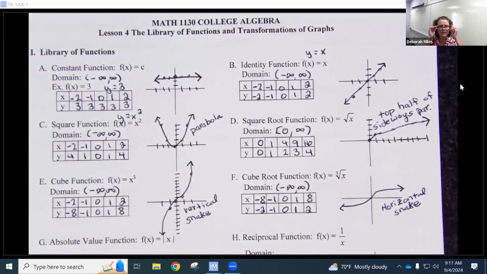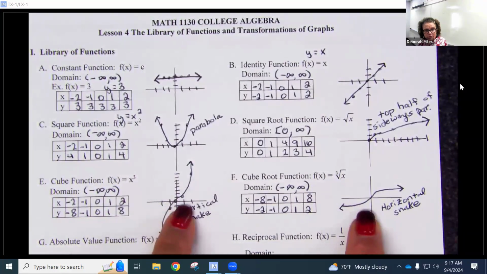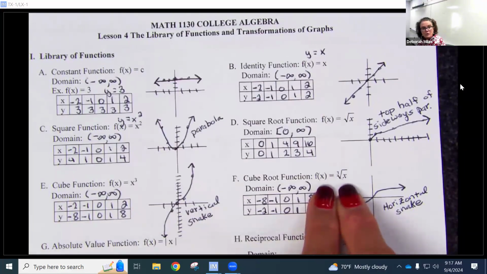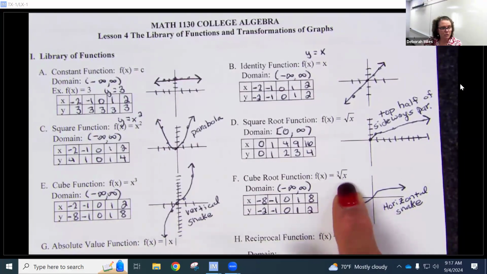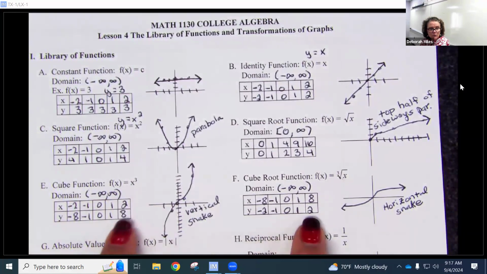Now, something that we will talk about more if you go into pre-calculus, but I just want to point it out now. These two functions are called inverses of each other. If you cube a number and then take the cube root, you get back the original number that you started with. Anytime you graph a function and its inverse, all the ordered pairs are reversed.